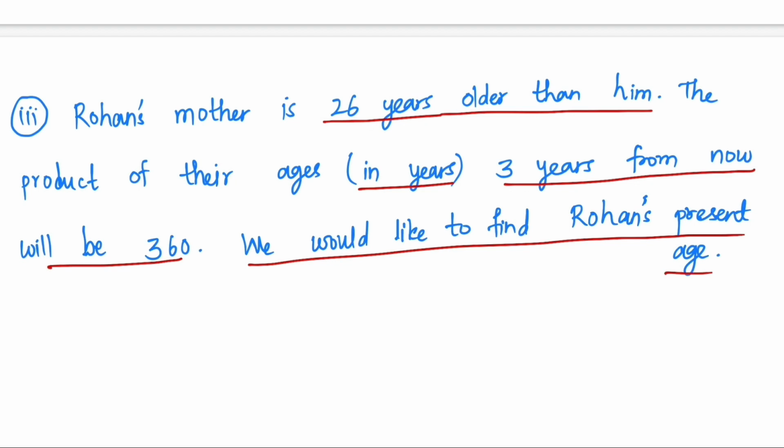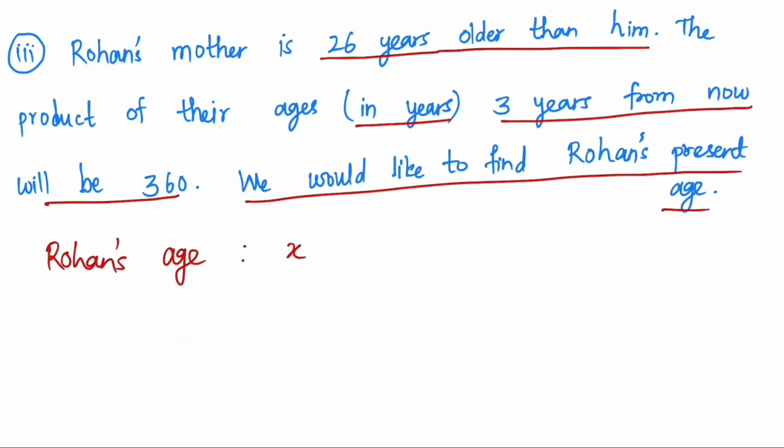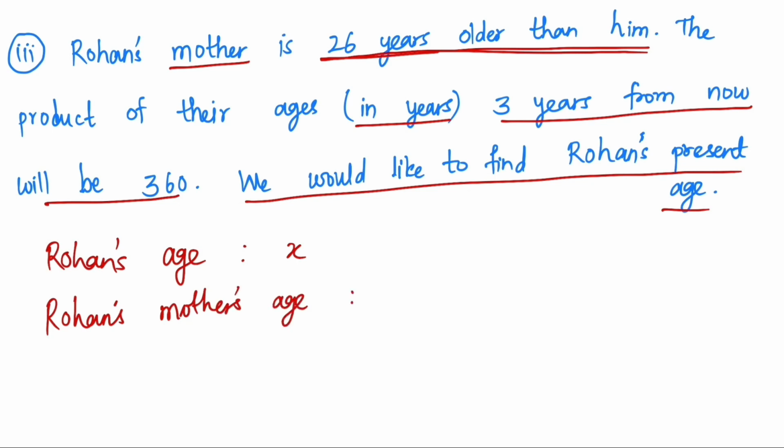So let's take Rohan's age as x. Now the next information is that Rohan's mother is 26 years older than him. So Rohan's mother's age is x plus 26, right?